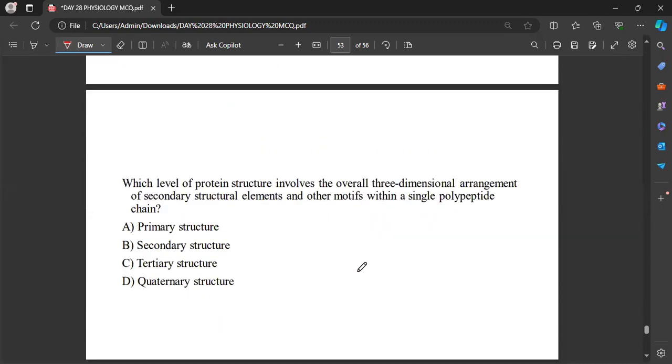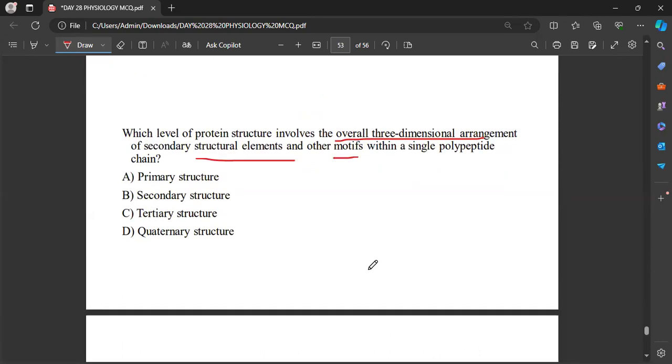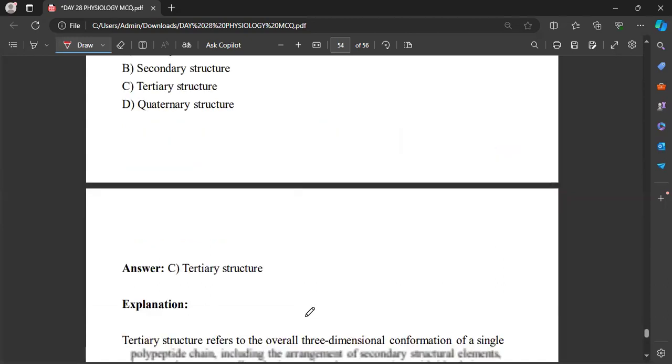Okay. Now, which level of protein structure involves the overall three-dimensional arrangement of secondary structural elements and other motifs within a single polypeptide chain? Very good.